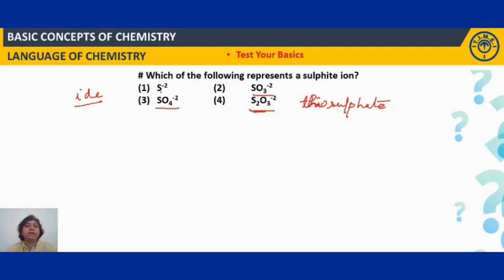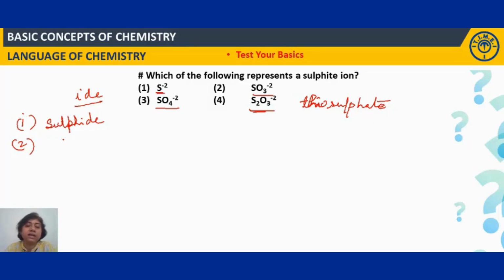Now, if only the element is there, IDE suffix, so what is the expected name of this radical? The first one, choice one, it is sulfide. Number 2 and 3, less number of oxygen, more number of oxygen. In 2 there are 3 oxygen atoms.